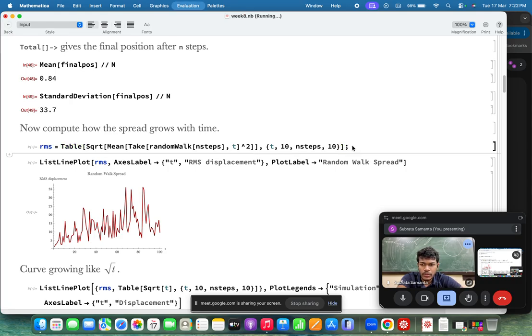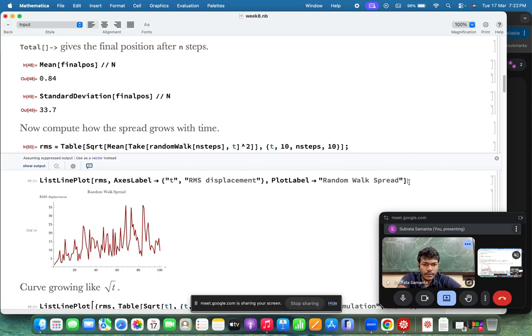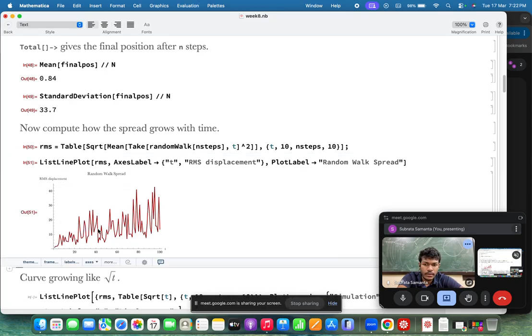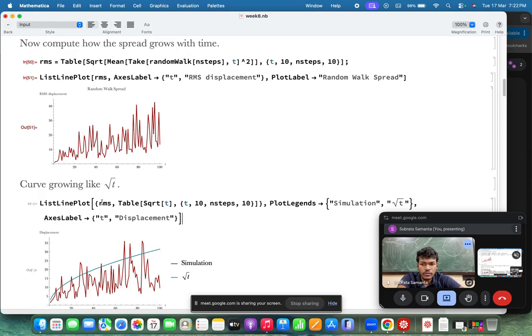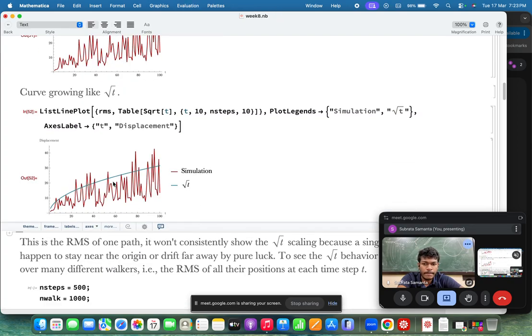Now I plot this, and you see, as time goes on, the fluctuations are large, and the RMS displacement is also large. If you compare with the square root of t, I plot the square root of t with the same steps, and you see there is a large deviation.